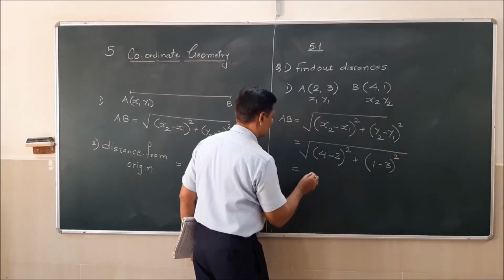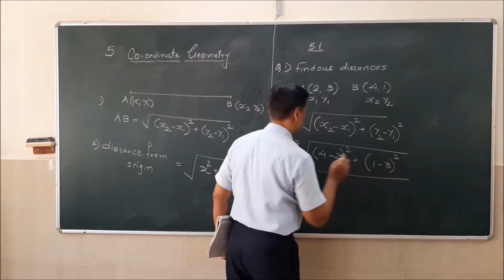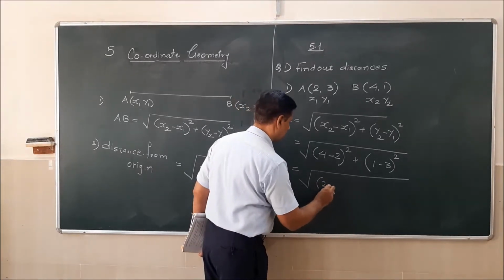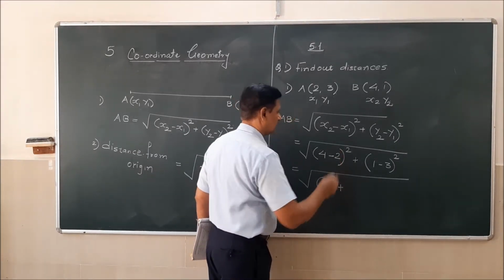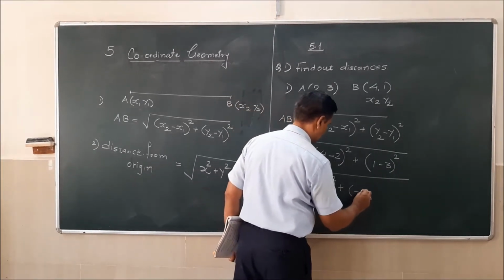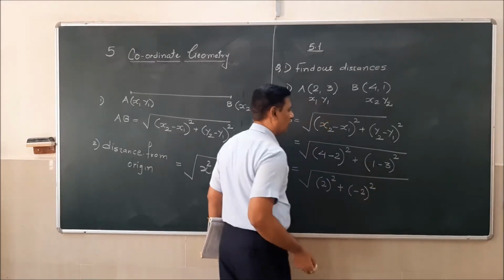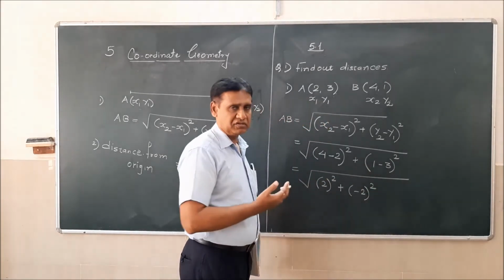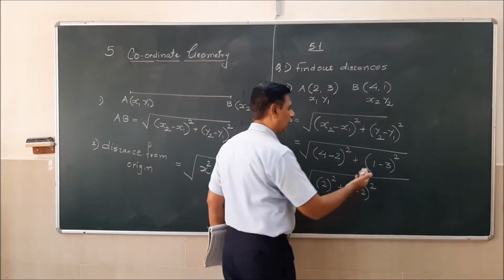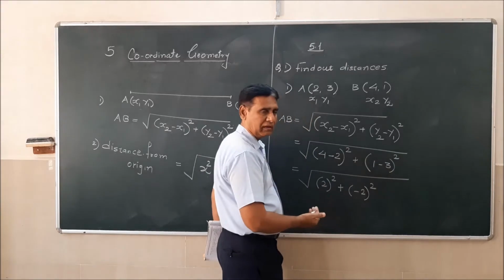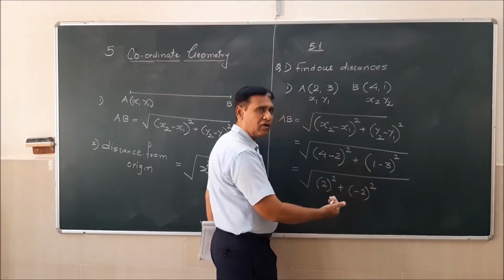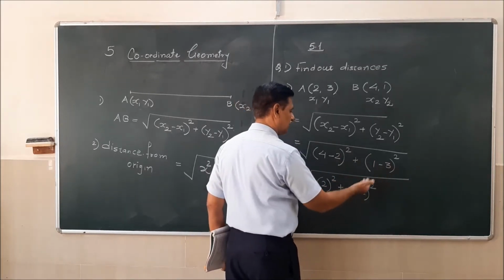That gives the square root of (4 minus 2 is 2, so 2 square) plus (1 minus 3 is minus 2). When I add minus 3 to plus 1, the sign of the greater number, minus, goes in the answer, and 3 minus 1 is 2.